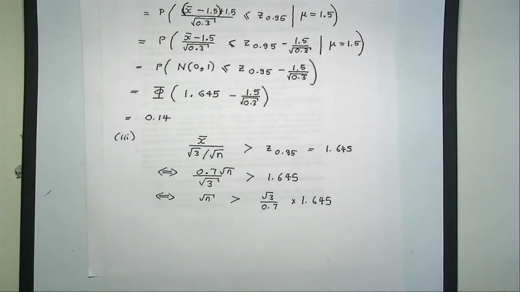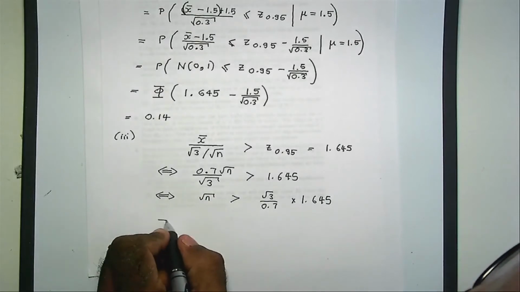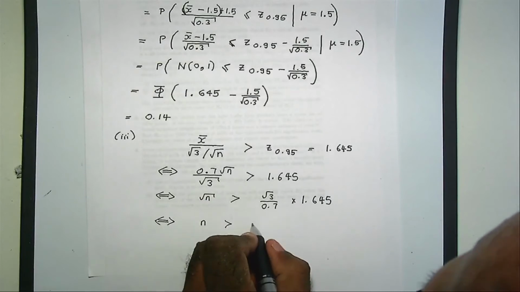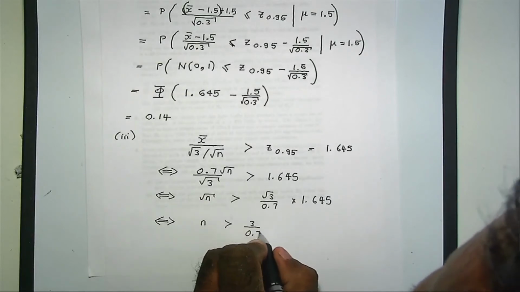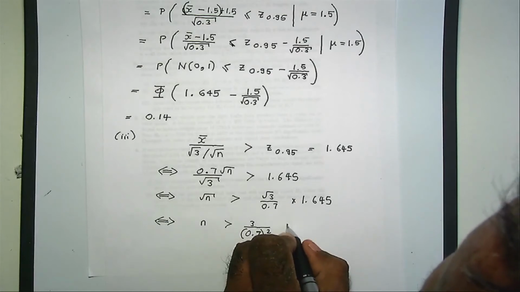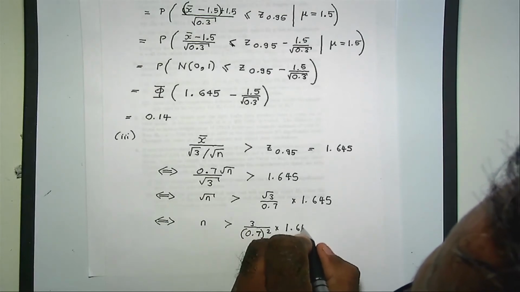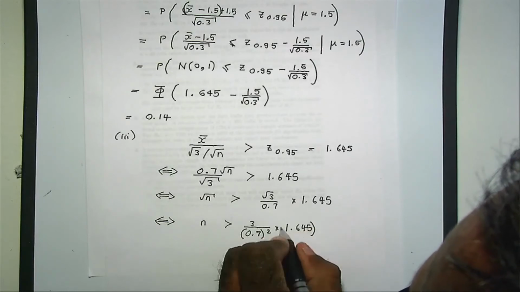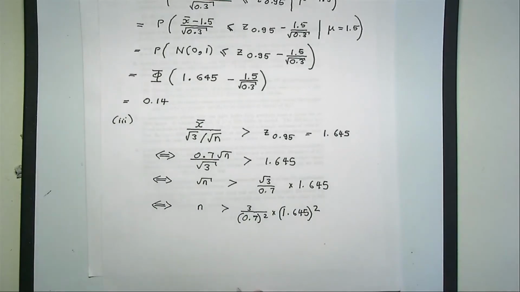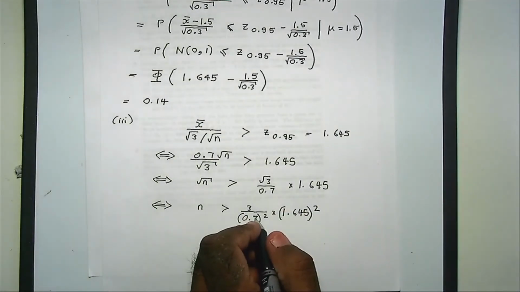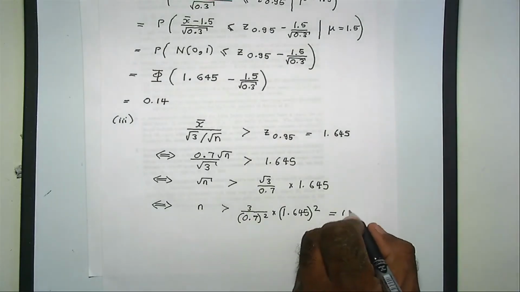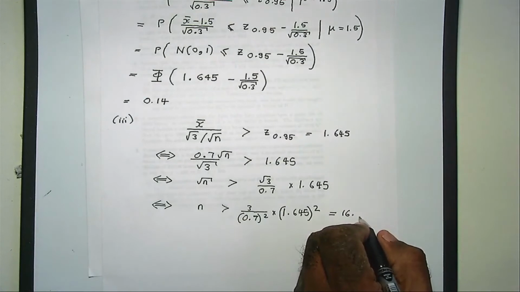Now we should square both sides. It becomes n greater than 3 times (1.645 divided by 0.7) squared. Now we should compute this. We will get this to be approximately equal to 16.5675.